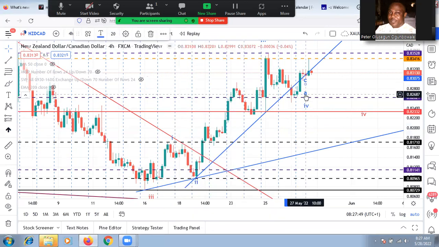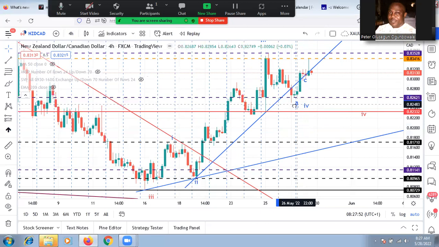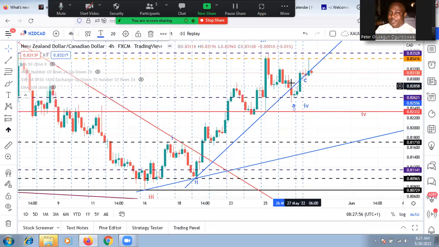So we are seeing an A which had come down like a zigzag. Okay, a B is what I didn't just pick.